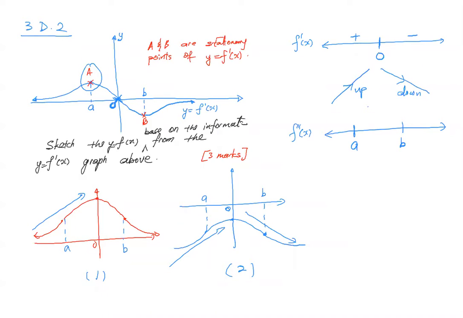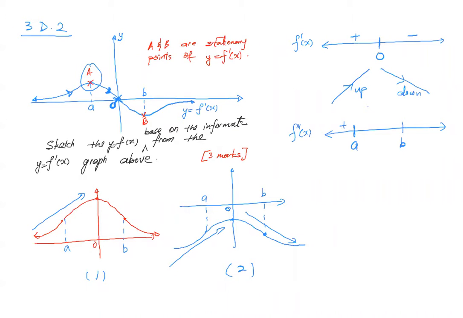Because f double prime is the rate of change of f prime. You get me? So the f prime x graph is going up for this part. See? So f double prime will be positive until A. After that, from A to B, the f prime x graph is going down.